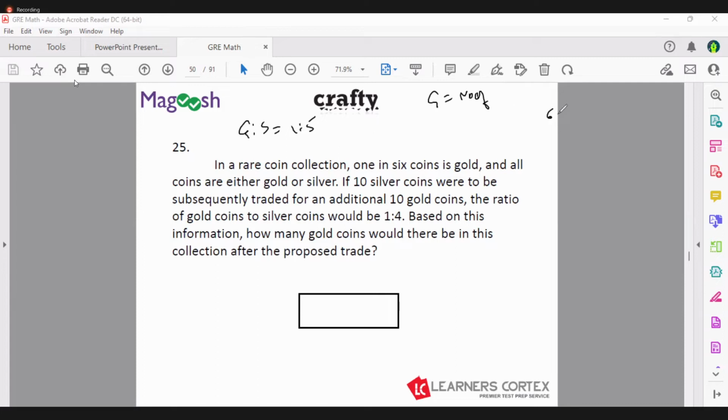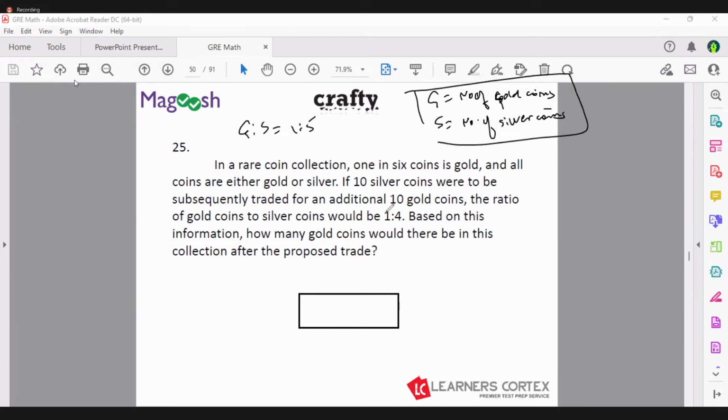If there are 600 coins, 100 of them are gold and 500 of them are silver. So 100 over 500 would give us 1/5. That is basically what this ratio is saying. G is the number of gold coins, and S is the number of silver coins.